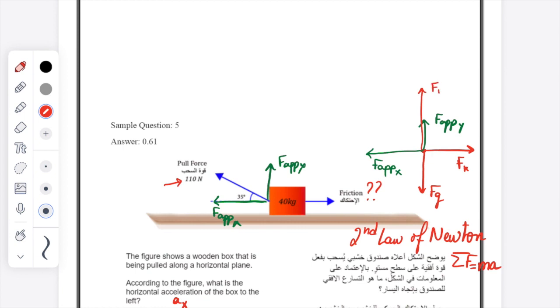So along the x-axis, I see that I only have the F applied x, and in the other direction, the force of friction.